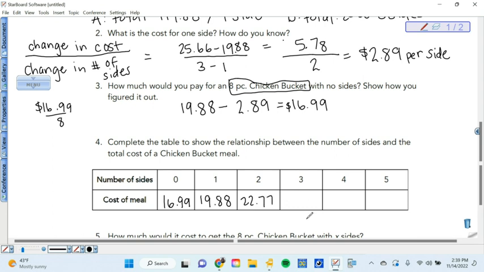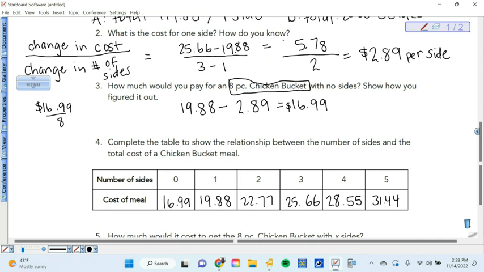What about for three sides? Yeah, this one was given to you at the top, 25.66. What about four sides? That's the next one, $31.44. That's for five sides. What about four sides?